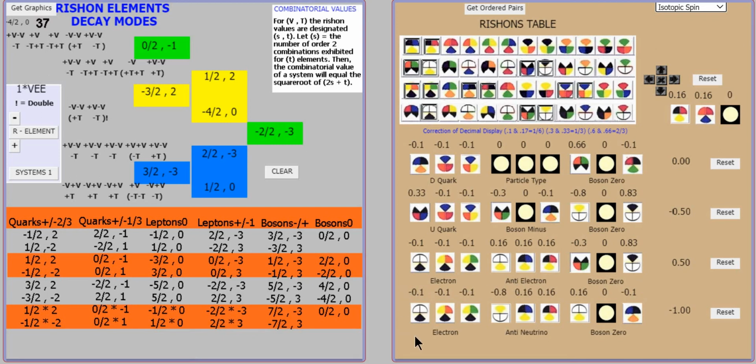Now, the isotopic spin on the electron, again, of course, is minus 1/2. And on the antineutrino, it is also minus 1/2, which is indicated by the standard model. And on the Z boson, we have a weak charge of 0.